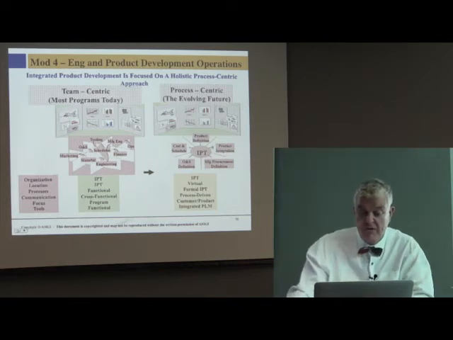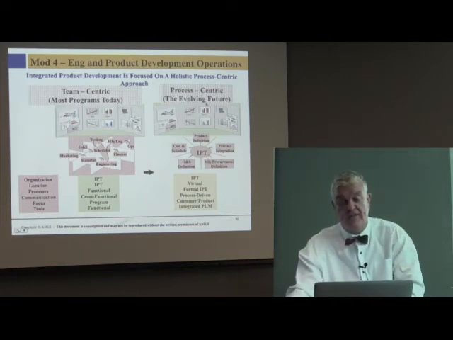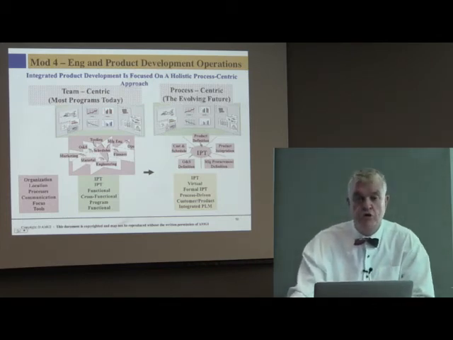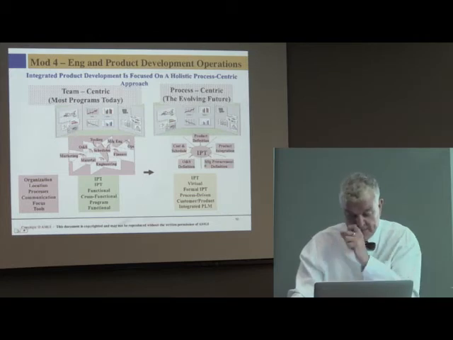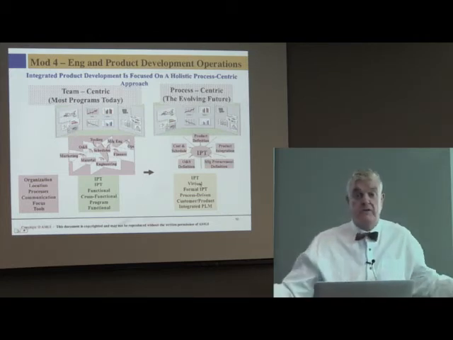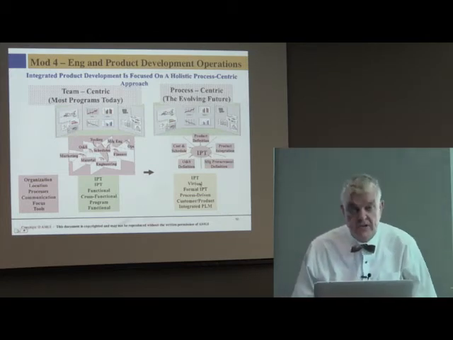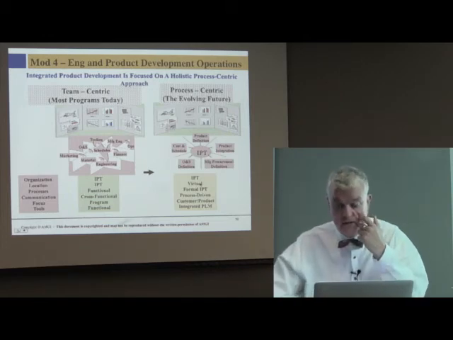But when you go to a process-centric, the evolving future, when you have tools, virtual product development tools, and you form true IPTs, there's no concept of these different departments. So what you have is a virtual team. You can actually work, you can be anywhere in the world because of all these suppliers. We talked about that earlier.